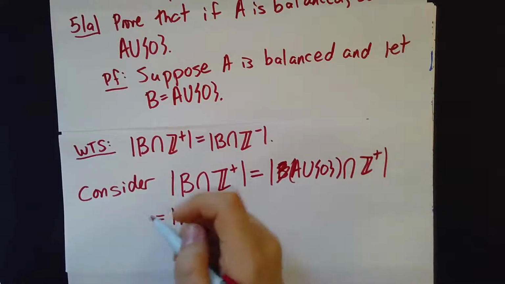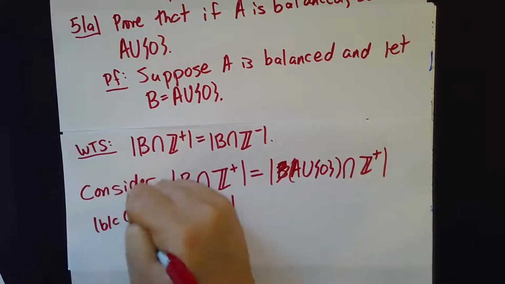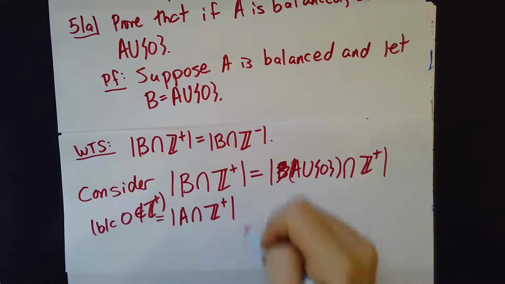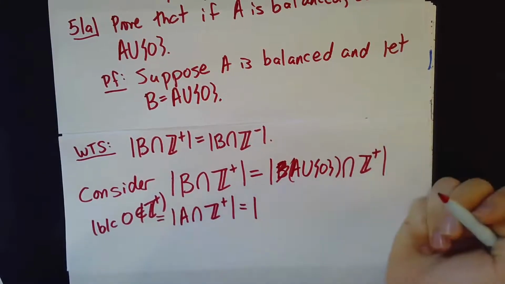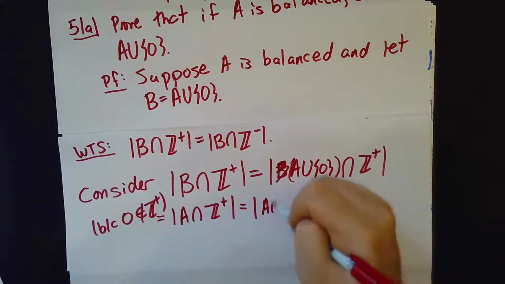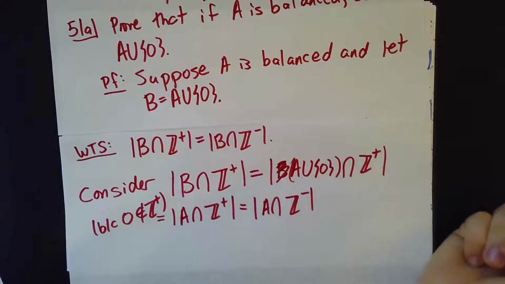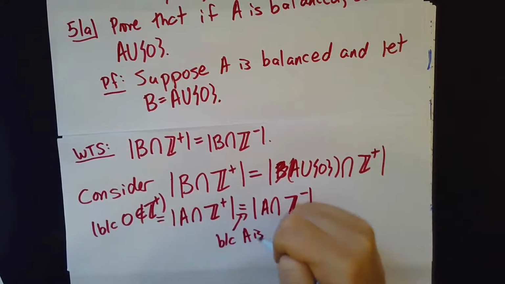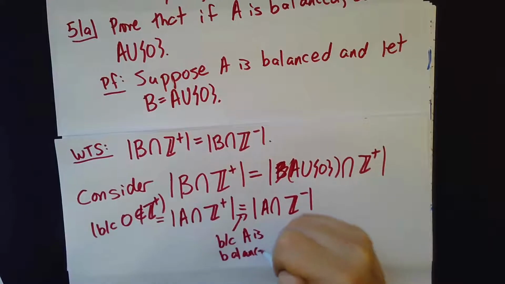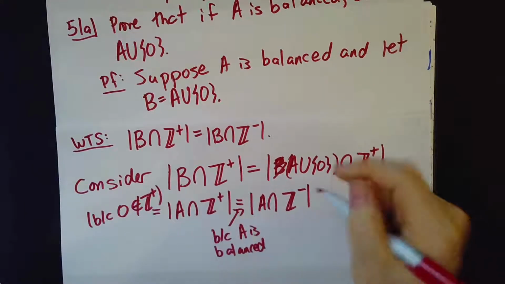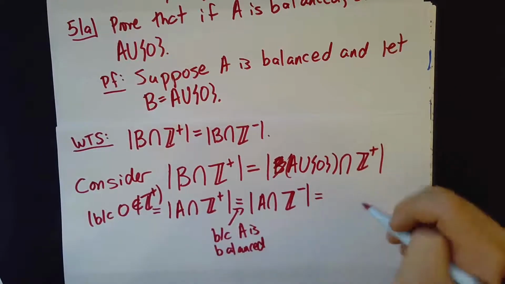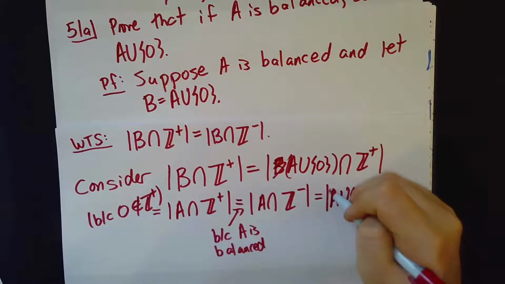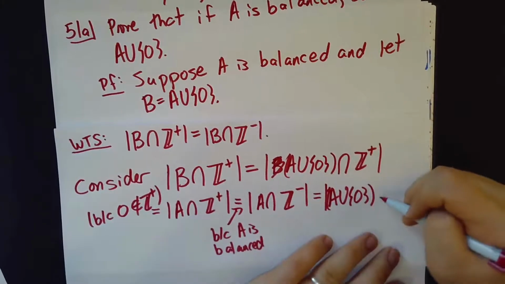Okay. This equality is because 0 is not an element of Z plus. This is the same as the size of A intersect Z minus. This equality is because A is balanced. So now this is the same as the size of (A union {0}) intersect Z minus.